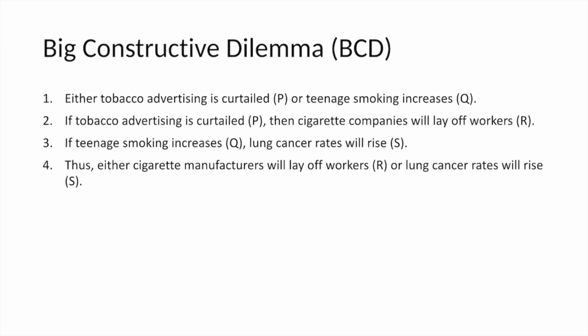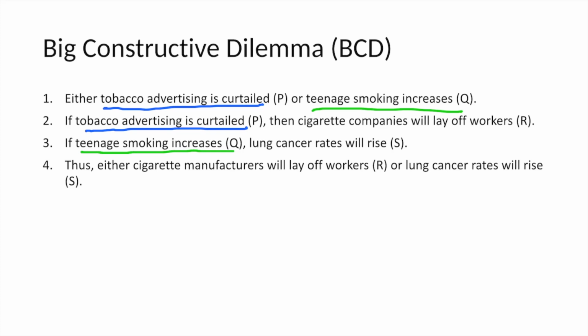So here, again, a little bit more complicated of an argument, but not too bad. We start off with a disjunct. Either we're going to curtail advertising, or teenage smoking is going to increase. Then each of those disjuncts in premise 1 becomes an antecedent in a different conditional premise. The antecedents in 2 and 3 respectively.